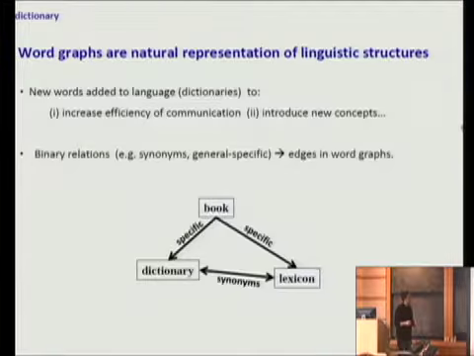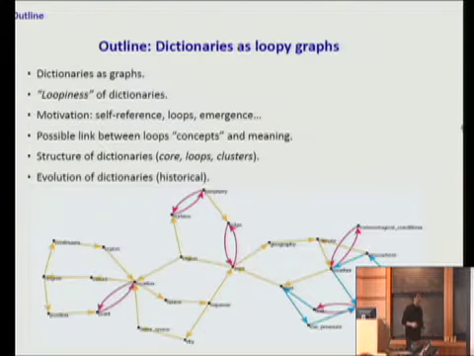Now, here is the outline of the talk. We will start by describing dictionaries as graphs. We will see their apparent loopiness. We'll give some motivation for thinking about self-reference loops, their emergence in some sort of dynamics of language, and try to suggest a possible link between meaning, concepts, and this simple structure of loops.